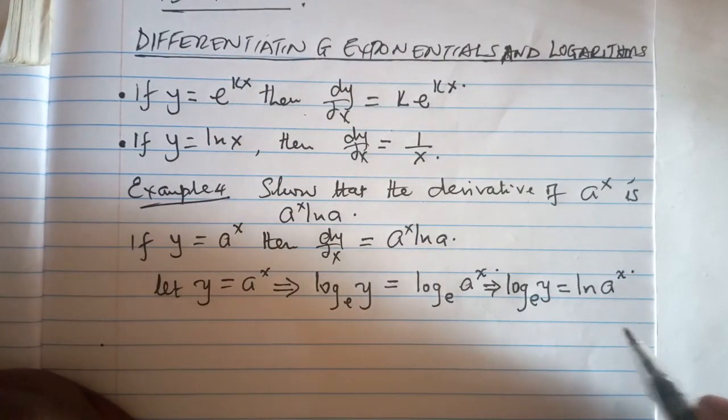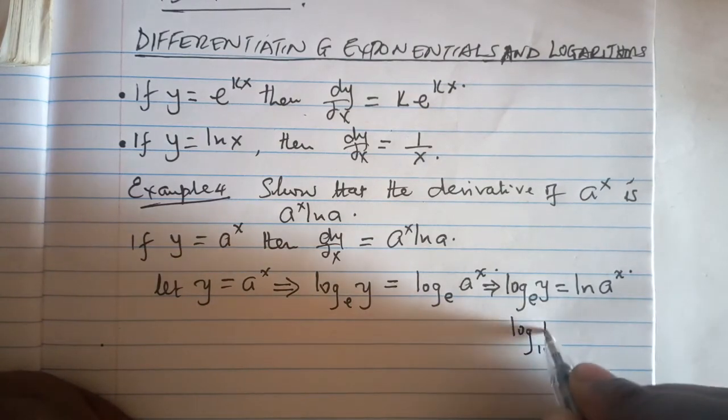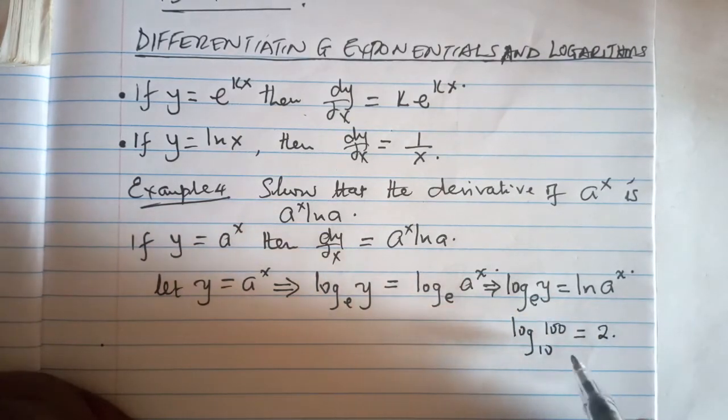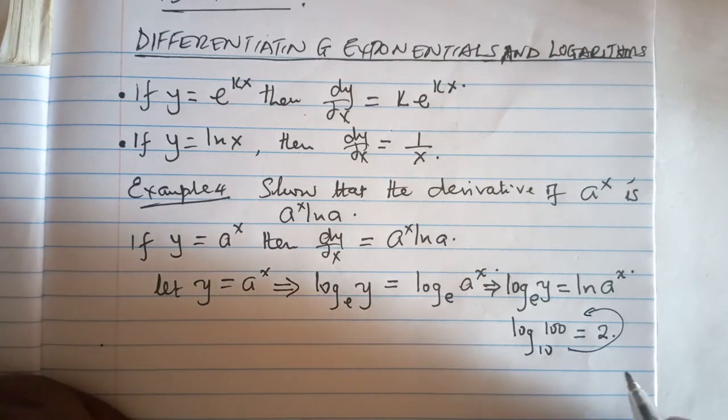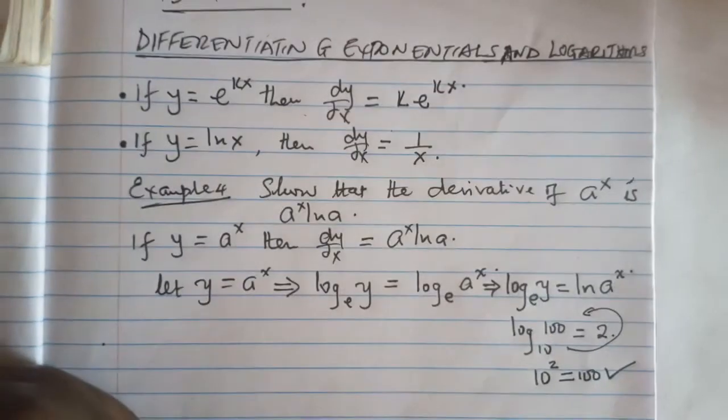We have talked about, if log to base 10 of 100 is equal to 2, according to anticlockwise movement, this takes us to the index notation, which tells us 10 squared is equal to 100, and that is very correct.